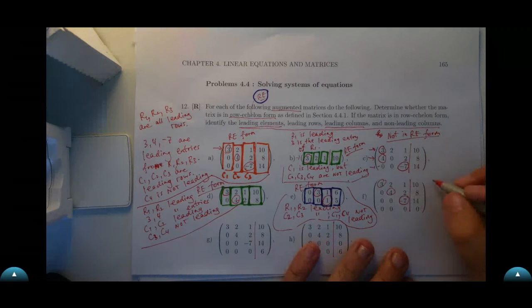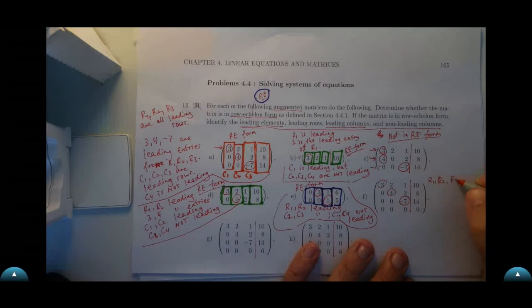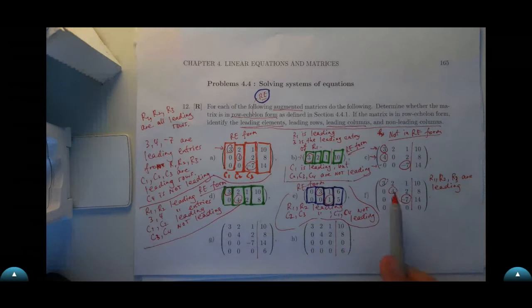So row one, row two, and row three are leading, and the leading entries for those are 3, 4, and -7.